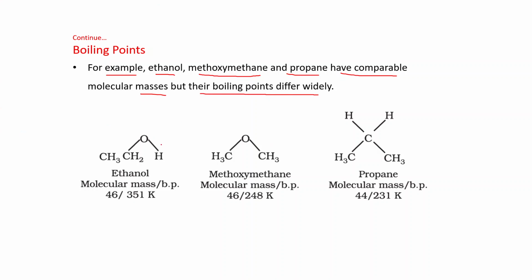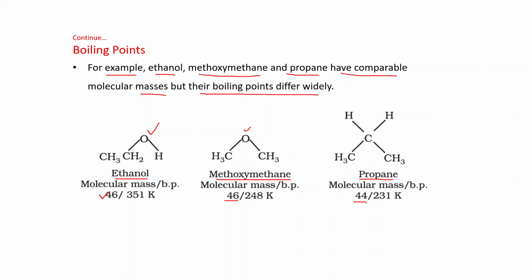You can see from these data, this is ethanol, molecular mass is 46 u. This is methoxymethane, that is ether, molecular mass is 46. Actually, this alcohol and ether are functional group isomers of each other. And this is propane, molecular mass is 44.